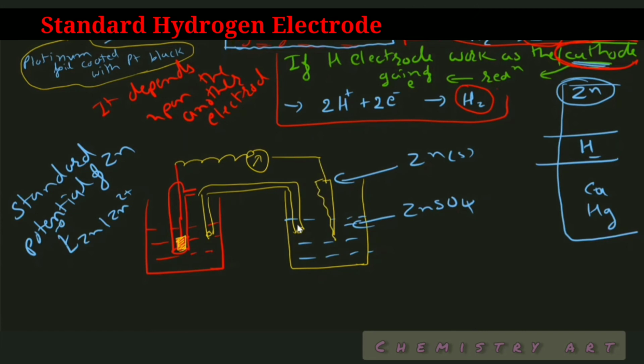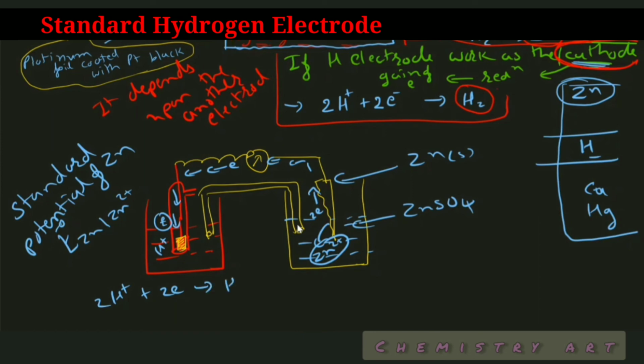So when zinc is losing electrons, zinc is continuously moving into the solution as Zn2+, and the electrons being released move towards the hydrogen electrode. So zinc is working as an anode, and here the hydrogen ions gain electrons and convert into hydrogen gas.